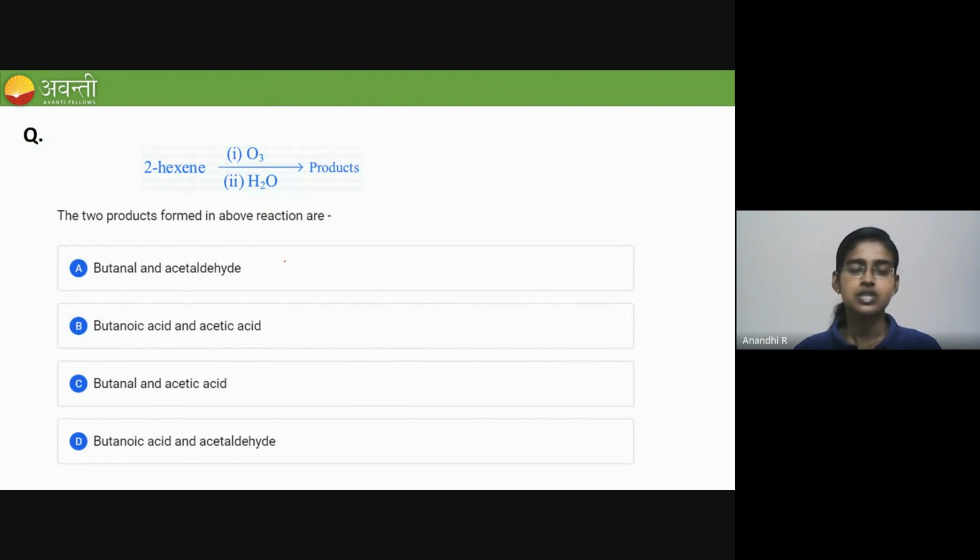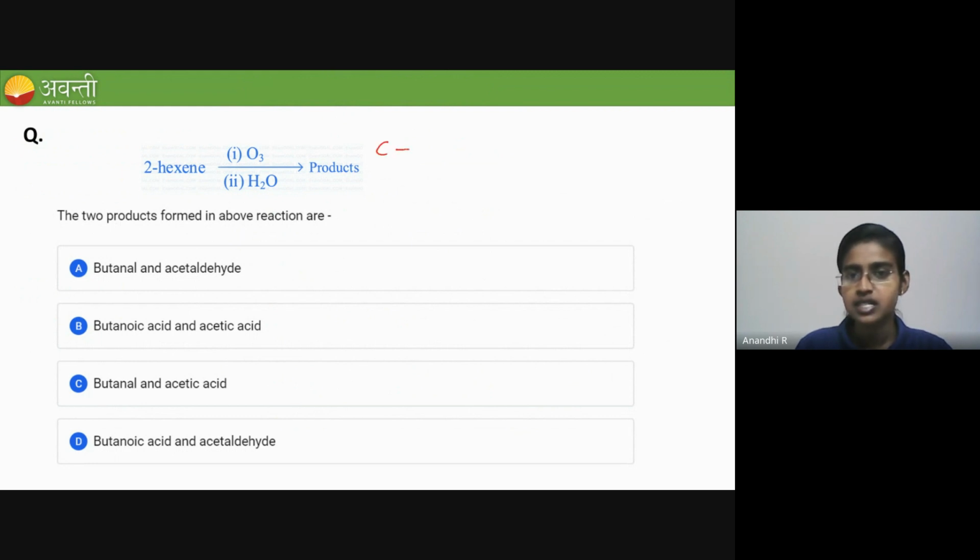So see the question. How to convert 2-hexene to the product on treatment with O3 and H2O? So what happens when 2-hexene reacts with O3 and H2O? It's very easy, right? It is the reductive ozonolysis of alkene. So first we have to draw the structure of 2-hexene.